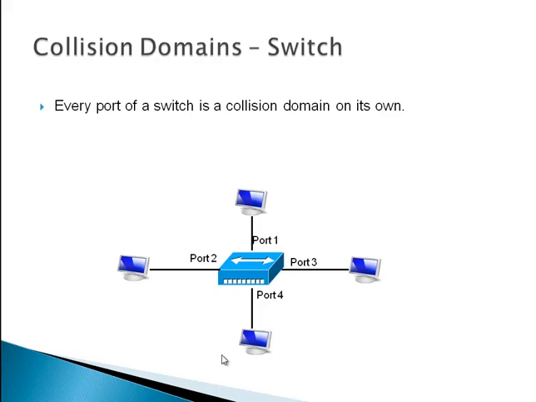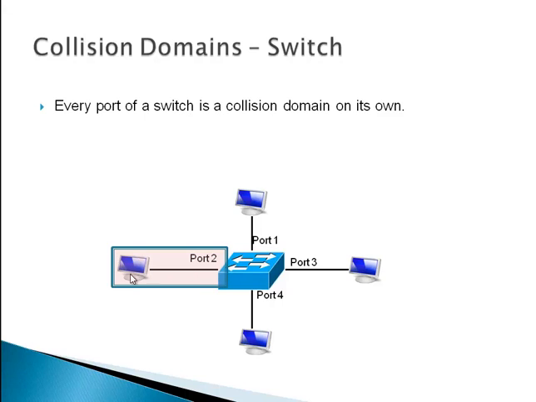On the switch, in this case, I'm going to change this hub to a switch. This is the icon for the switch now. Every port of a switch is a collision domain on its own, which means that if this device sends some data, there's not going to be a collision here because this link is only for this device.